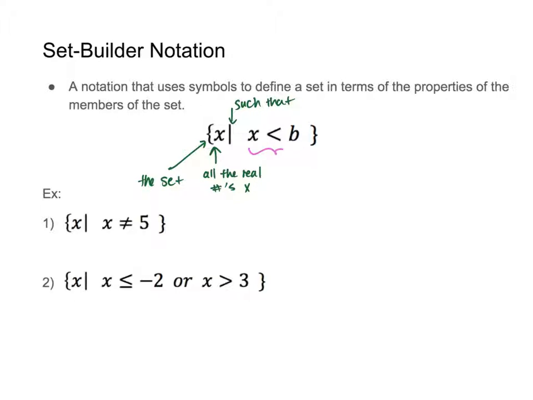So the condition statement is basically what x also needs to be. So sometimes x is not all the real numbers on a number line. It might have a few conditions that go along with it. Like for this one here, it says the set x, all real numbers, such that x is less than b, where b is like some sort of number.